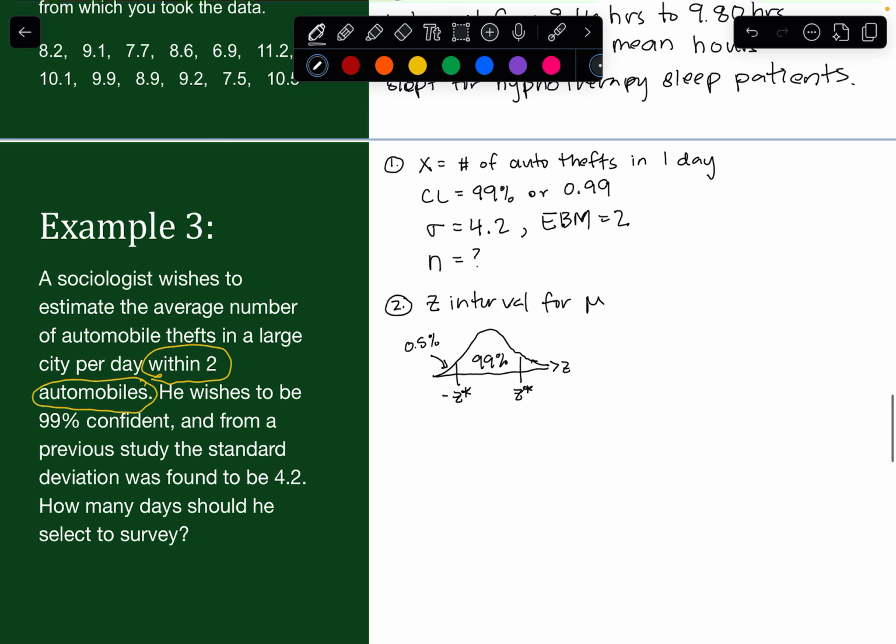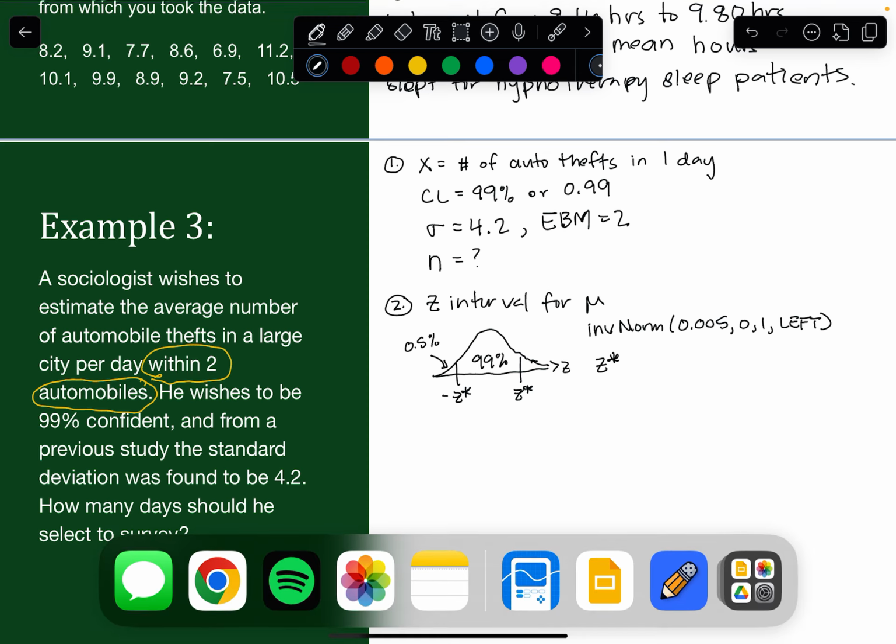So I'm going to run inverse norm, and then 0.5% is 0.005 in decimal form, mean of 0, standard deviation of 1, looking at a left tail, and that'll give us our Z star.